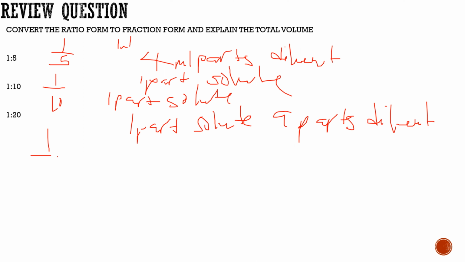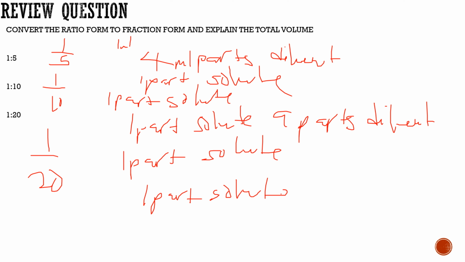Here in 1 is to 20, we have 1 part solute, 1 part solute in the total volume, and 19 parts diluent. So that's how you would explain why the total volume is like that. Okay? So let's continue.